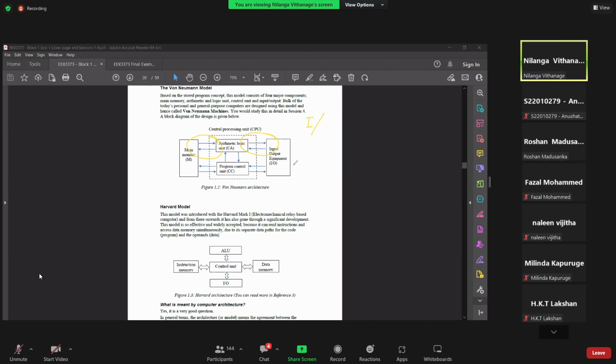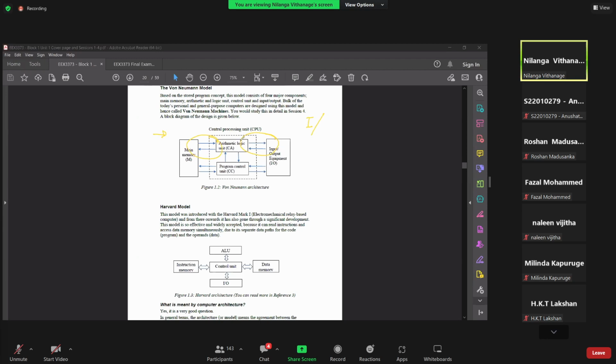So input devices: keyboard, mouse, everything, right? Whatever you use to give commands or instructions to the computer is an input device, like a keyboard or mouse. Output devices are where you get output. The computer shares its information with us using output devices, right?